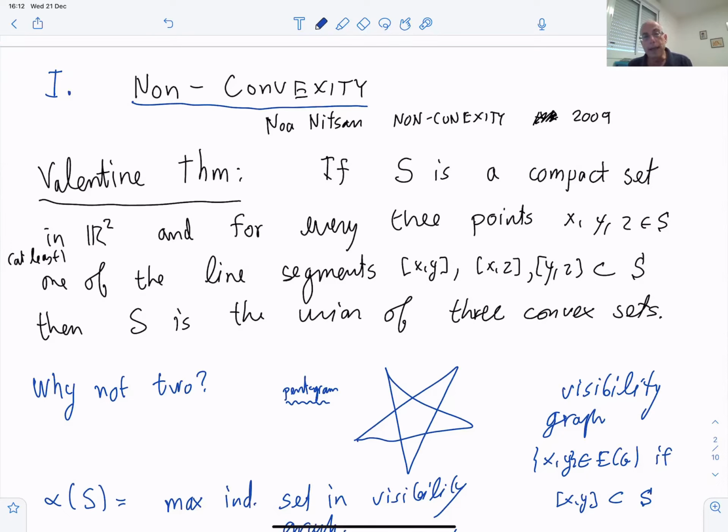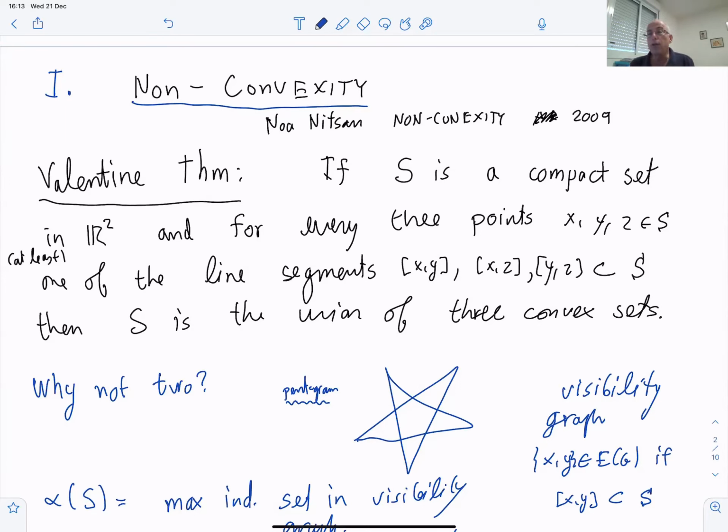So you see that the condition is a relaxation of the condition of being convex. Being convex means that for every 2 points x and y, the line segment xy belongs to S. And here we want that if we have 3 points, at least one such line segment is in S.